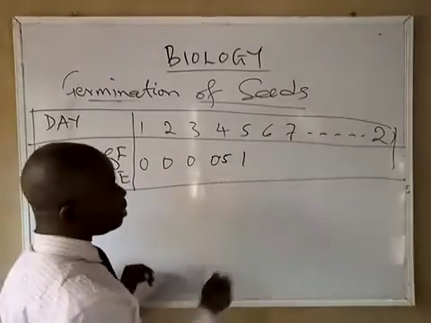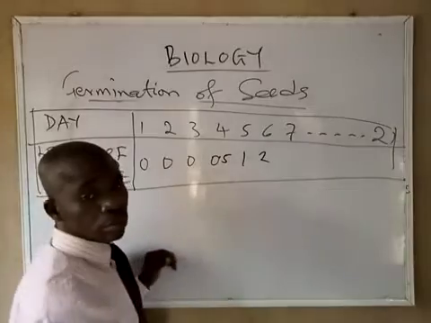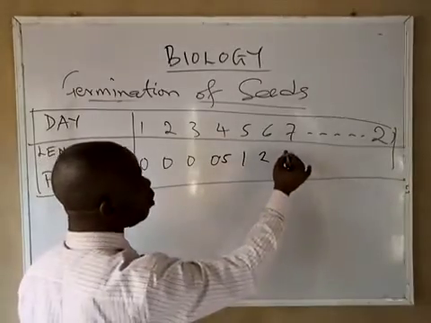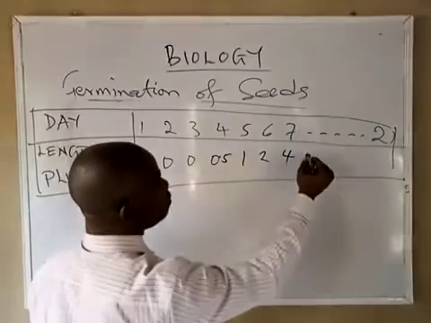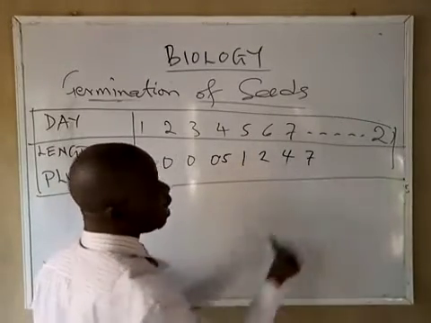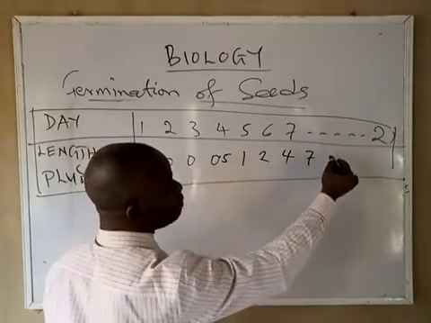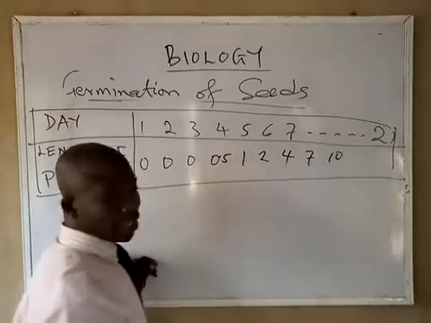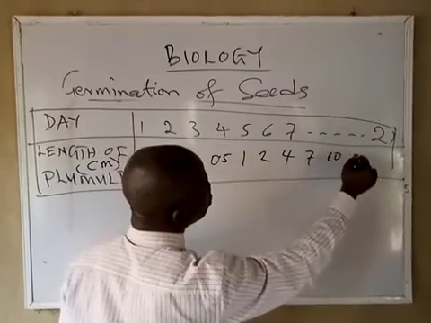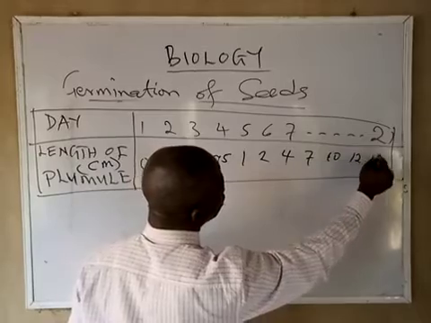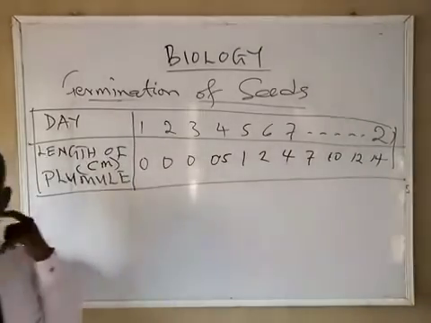You can have 0.5, 1. Maybe you can have 2. Maybe by day 7, you already have 4 cm. You can have maybe 7 cm and 10 cm, then 12, 14, and it goes like that.